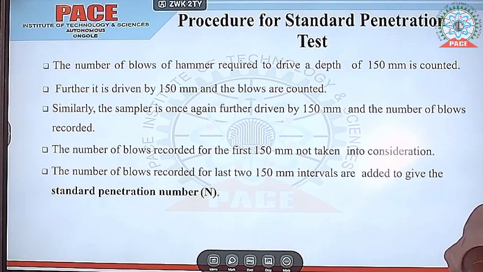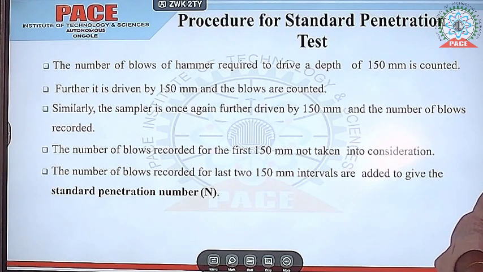The number of blows recorded for the first 150 mm is not taken into consideration. This is the seating drive. The number of blows recorded for the last two 150 mm intervals is the N value.